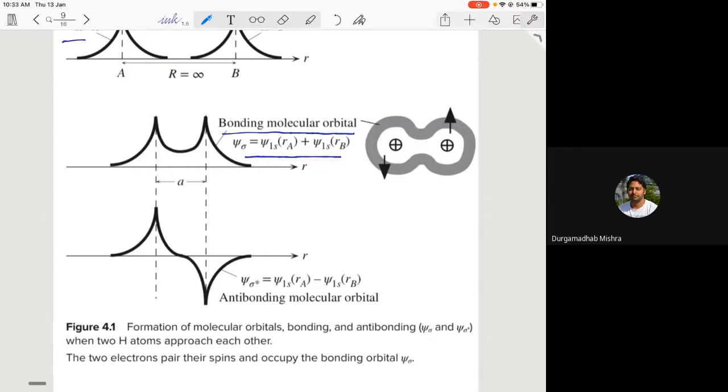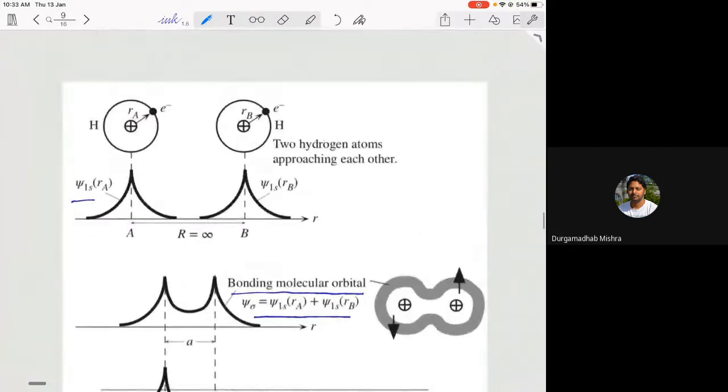So what is happening is, you have two electrons as well as two protons. Let's say electron 1, or EA: when you bring them closer, EA will interact with this proton as well as with the other proton.